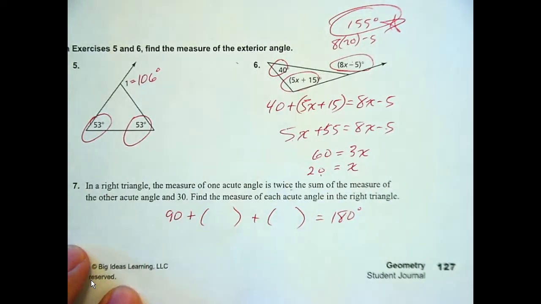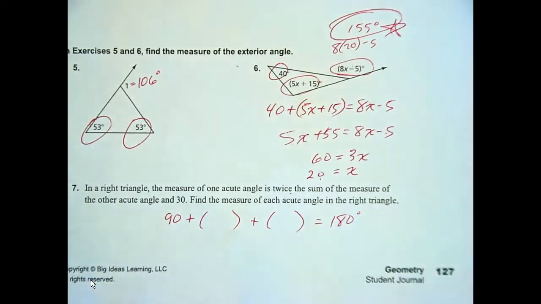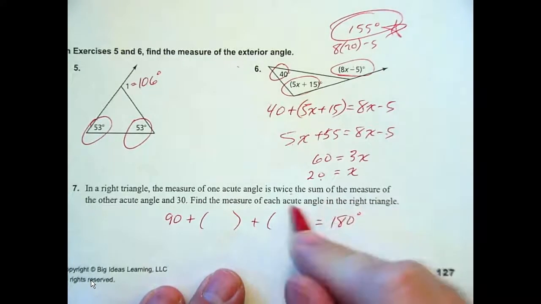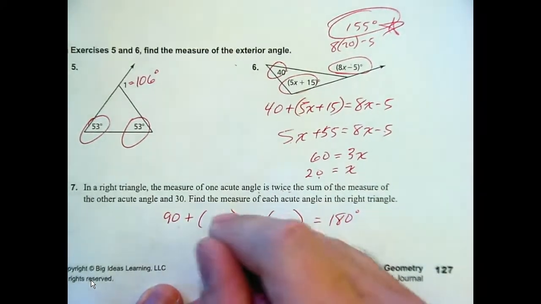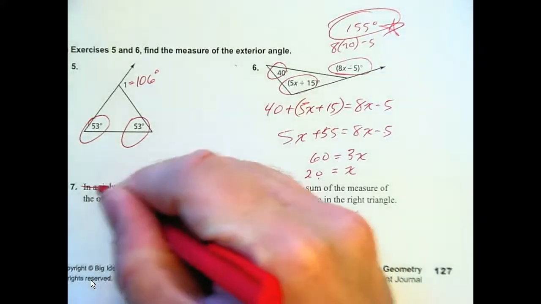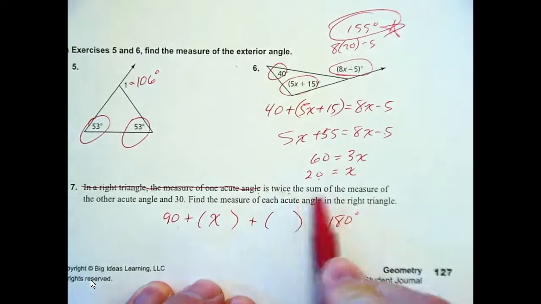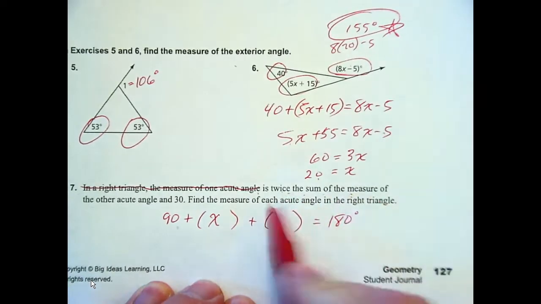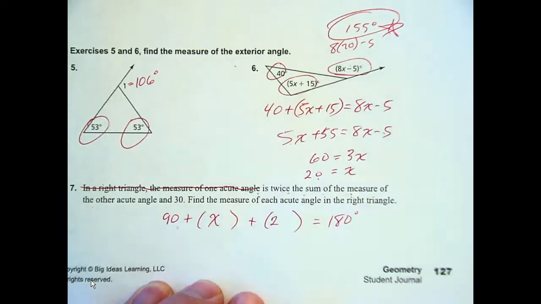So let's call one acute angle, okay, what are we going to call? What do we call one of those angles? X. There we go. In a right triangle, the measure of one acute angle is twice the sum of the measure. How do we say twice 2x? Twice the sum of the measure of the other angle and 30.